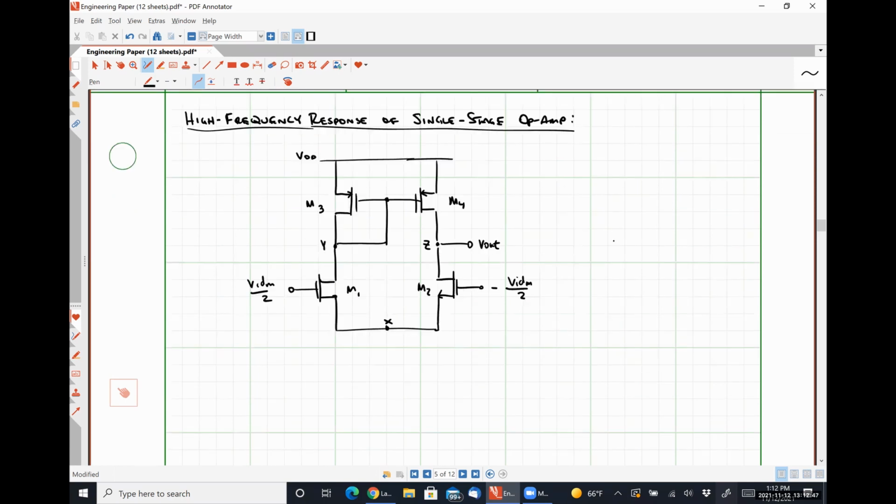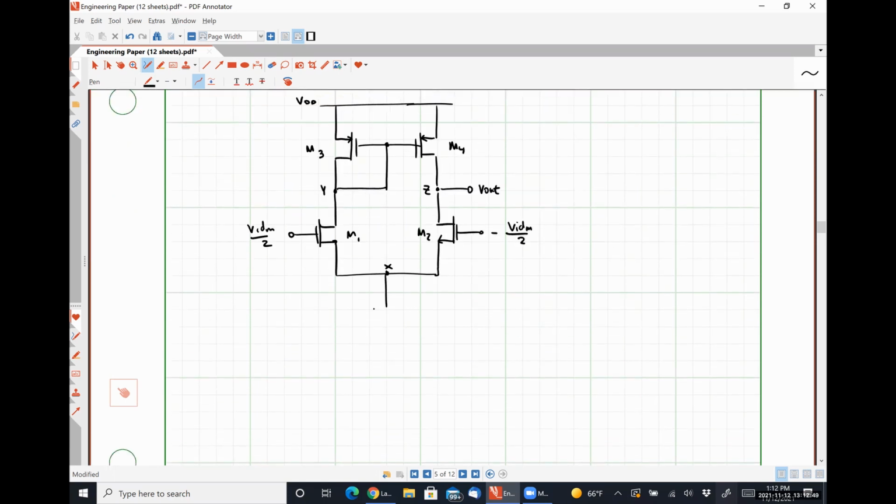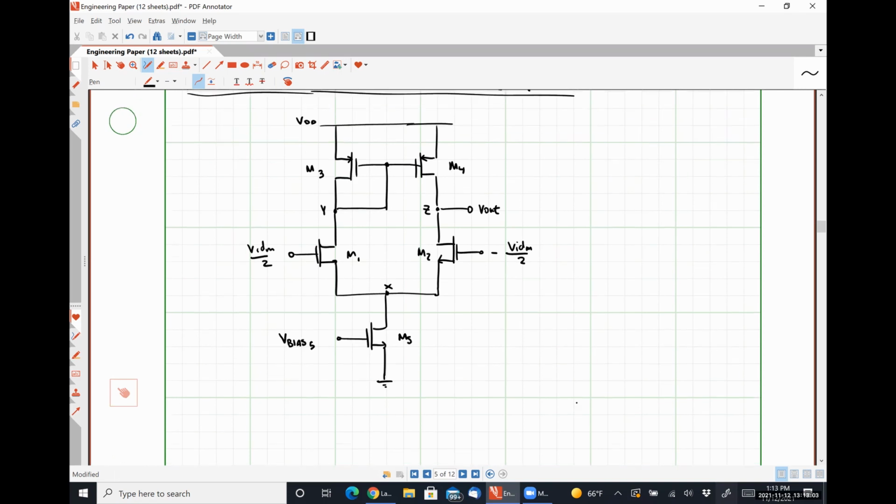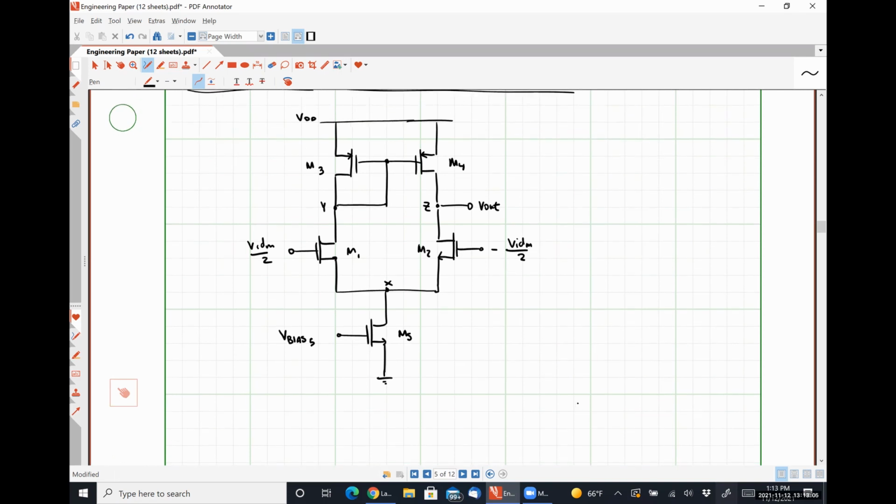Call this guy node X, and here is our biasing transistor M5, where we have some voltage V bias 5. Okay, so I'm about to identify all the capacitances on this guy, and I want you to not do it because you're going to wind up erasing practically everything I'm about to write. All right.